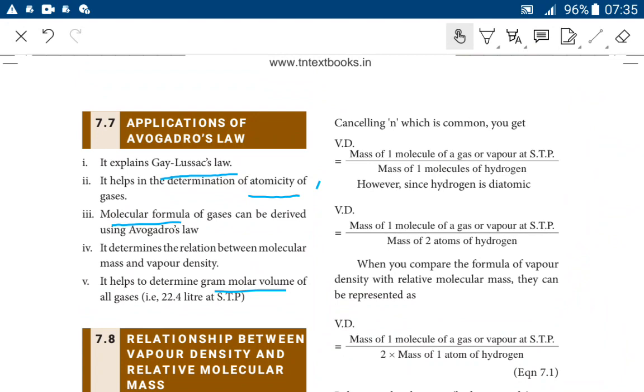So we can write the mass of one molecule of gas to the mass of two atoms, because one molecule contains two atoms. And next, vapor density is equal to the mass of one molecule of gas over 2 into the mass of one atom of hydrogen.